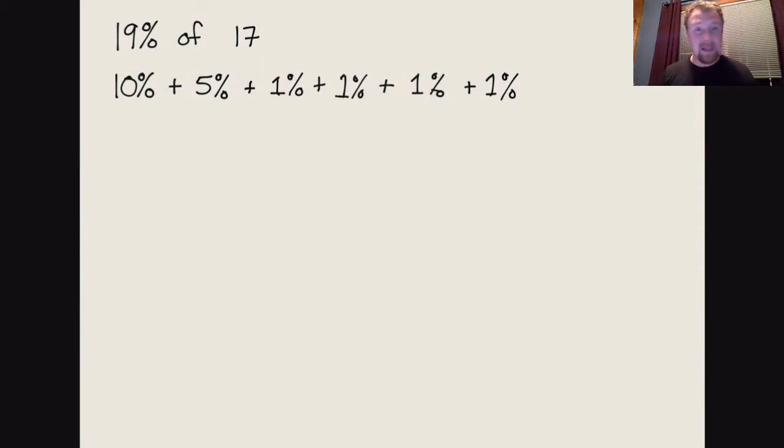That's the same thing as 19%, because it adds up to 10 plus 5 is 15, plus 4 ones is 4 more percent, that's 19%. Okay, so this equals 19%.